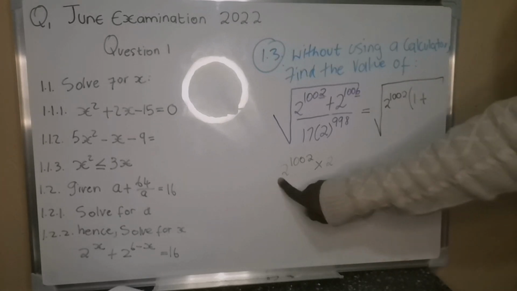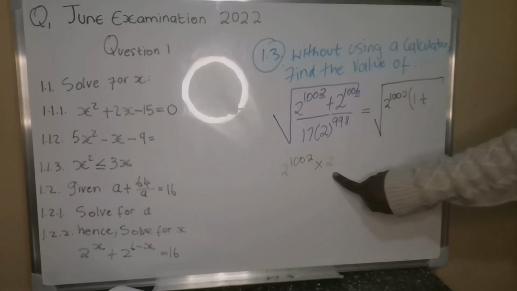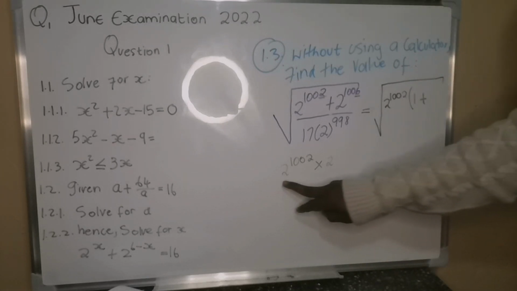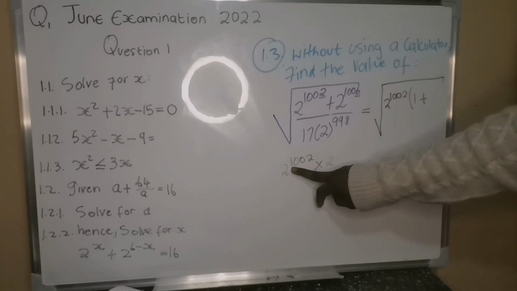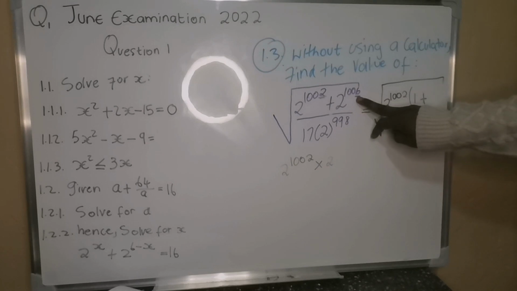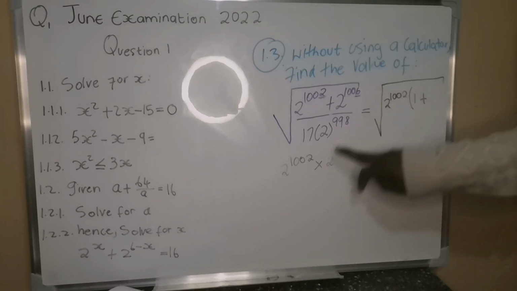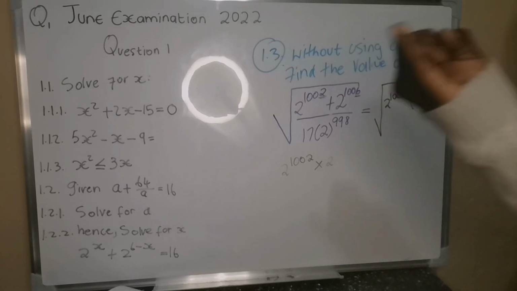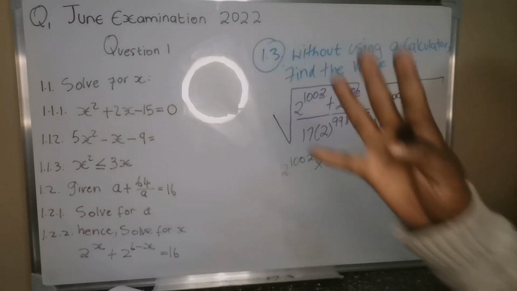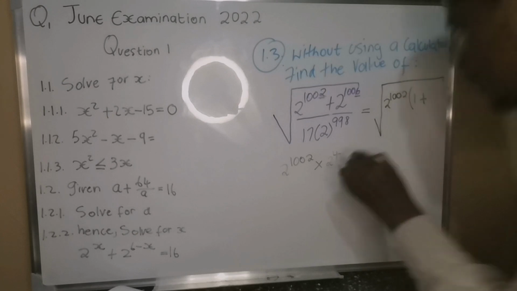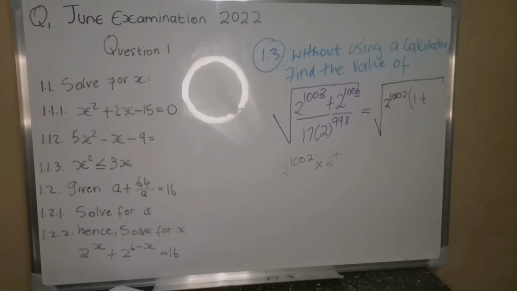So I must have 2 on both sides. Now, if my bases are the same, I need to find that number I can add to 1002 to give me 1006. Now, I know that I have 1002, 1003, 1004, 1005, 1006. That means I need to add 4 to give me 1006.